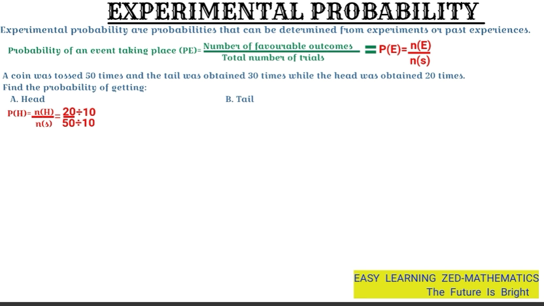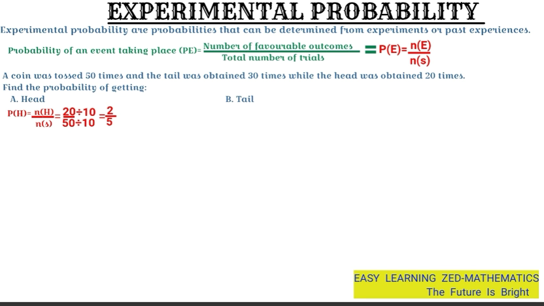Which will be equal to 20 divided by 10, which gives us 2, over 50 divided by 10, which gives us 5.